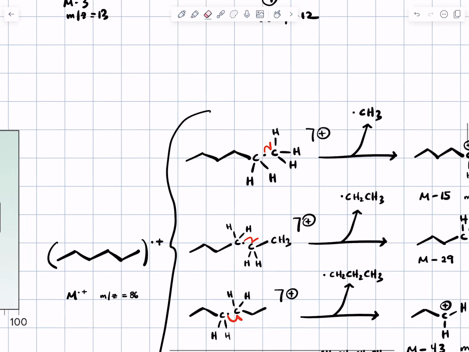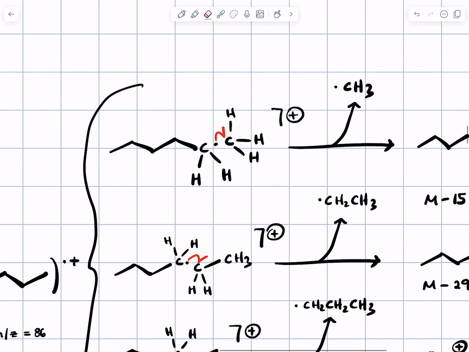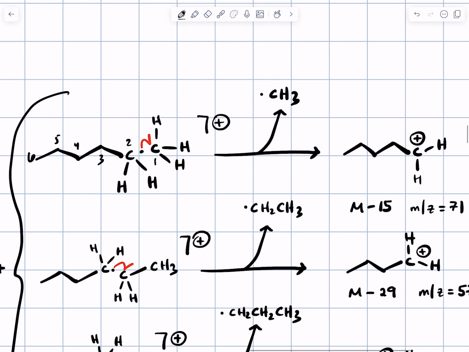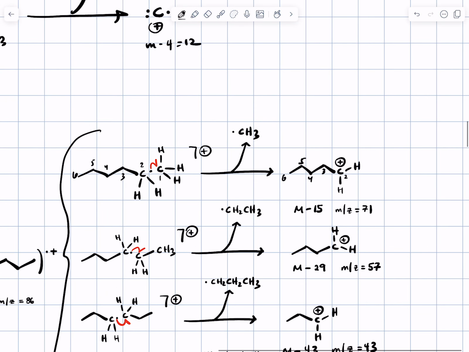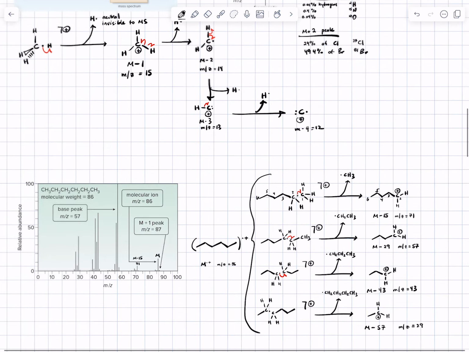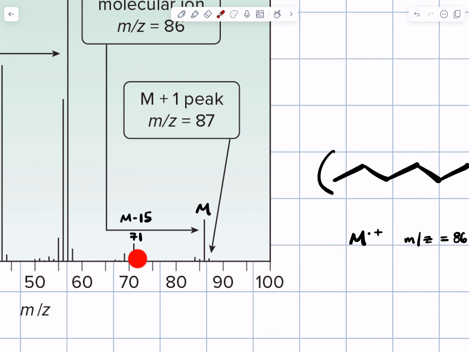So real briefly, if I lose an electron from the bond between carbon 1 and 2 of hexane, and then I lose the CH3 radical, what's left behind is carbons 2 through 6 that's positively charged. This now has lost 15 mass units, and so that's the M over Z equals 71 peak, which you see here. Apparently that doesn't happen a huge amount.